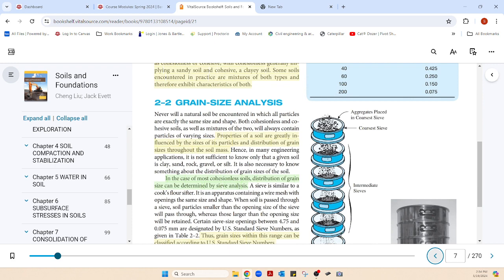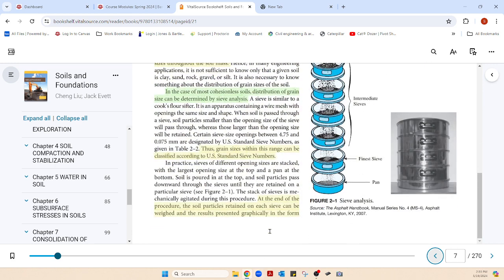So here's your sieve analysis, and down here it says, at the end of the procedure, that's pouring all the sand in this top deal, you put it in a shaker like they have at Home Depot to stir the paint up, and you're shaking it, and all this sand goes all the way down to the pan, which catches everything that made it through all the sieves.